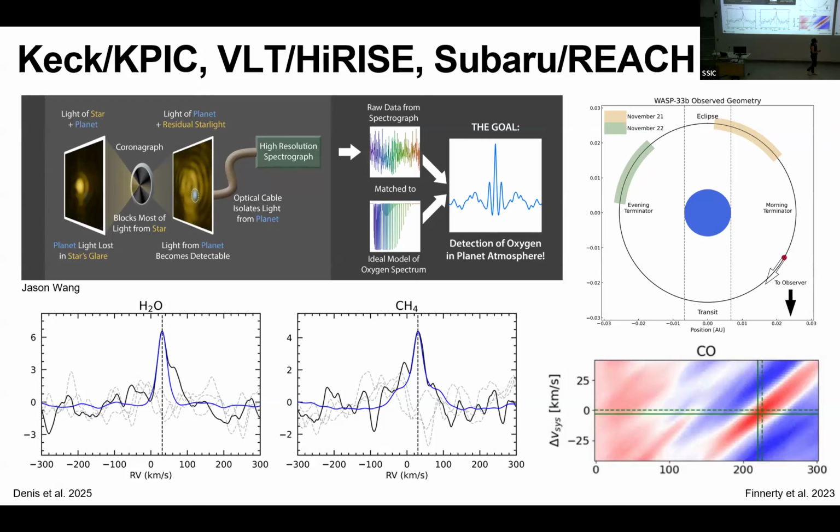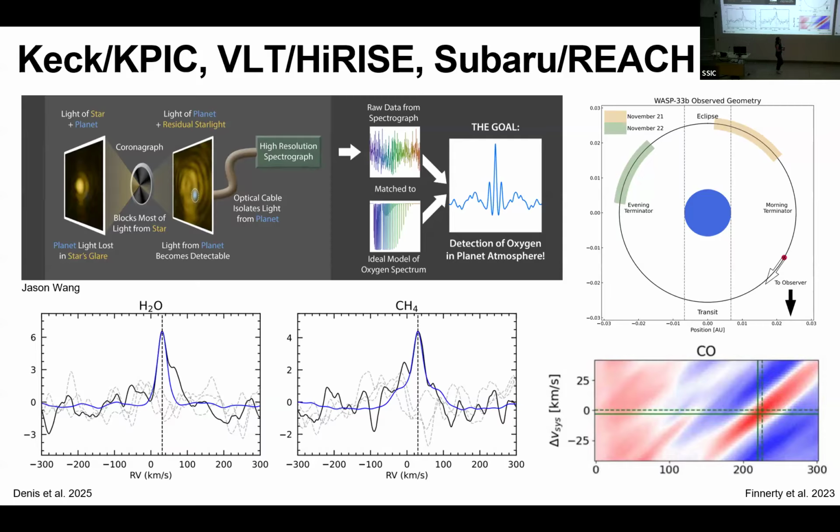So you can see a few science highlights from the last couple of years related to these instruments. This is from HiRISE. These are direct water and methane detections for, I believe this is AF Lep b.